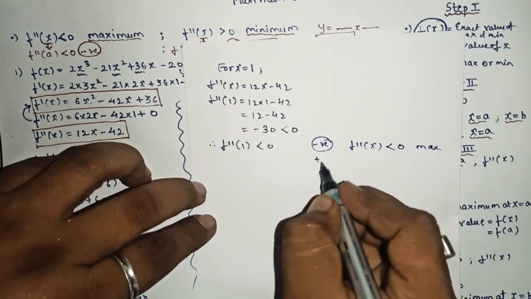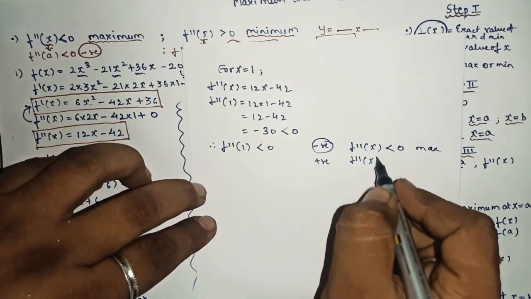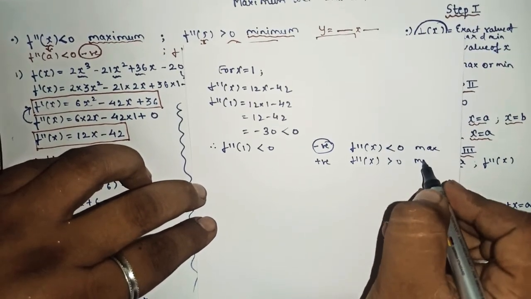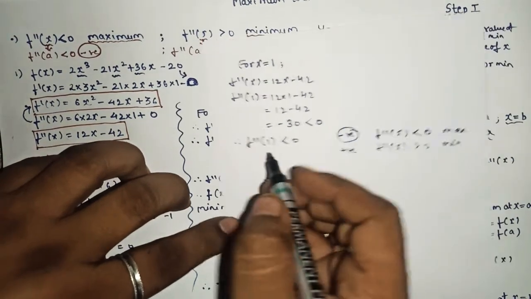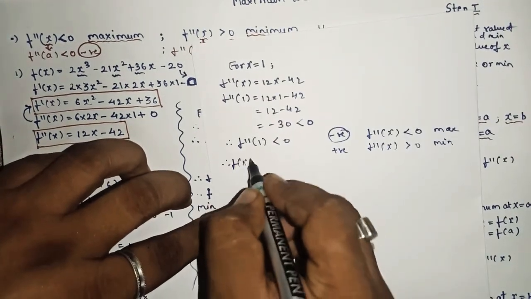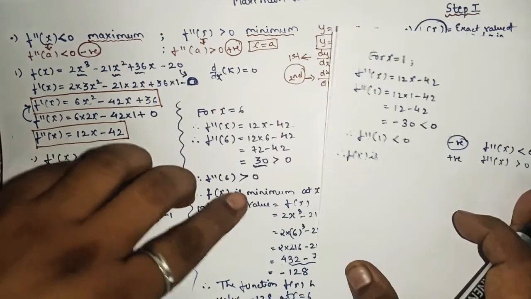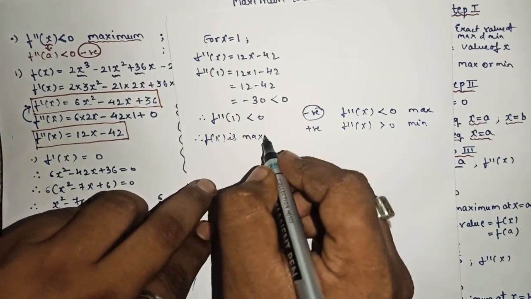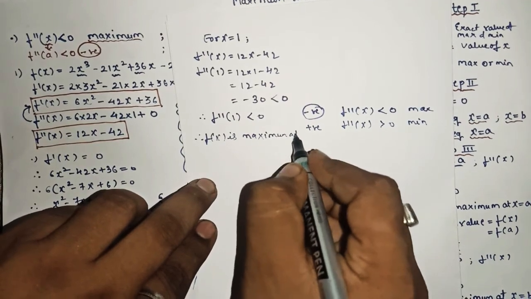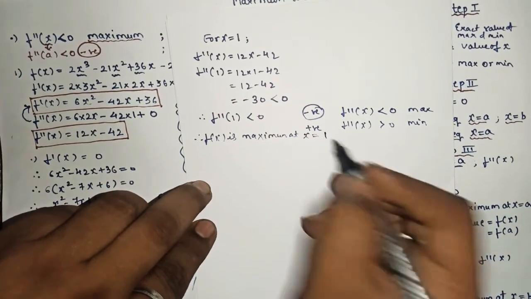Maximum. If we are getting a positive value for f double dash x, then the function is minimum. So we are getting a negative answer, so you will write f of x is maximum at x equals to 1.